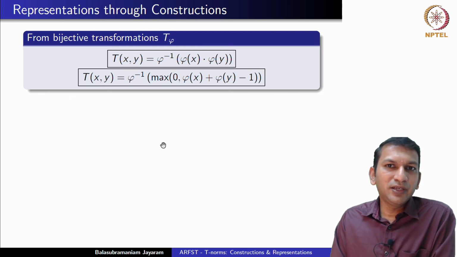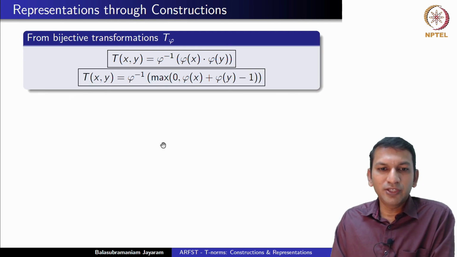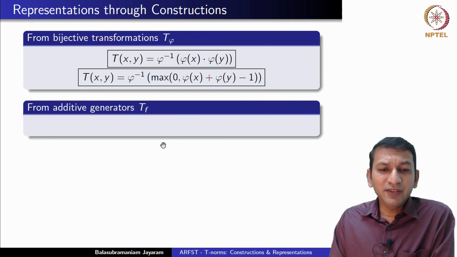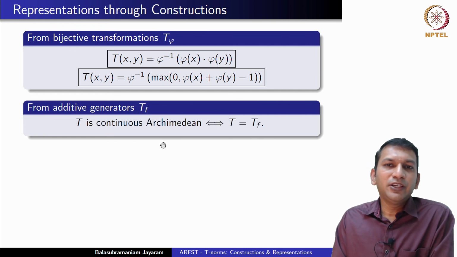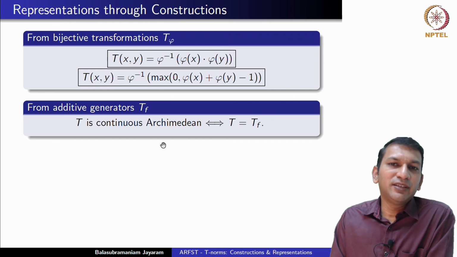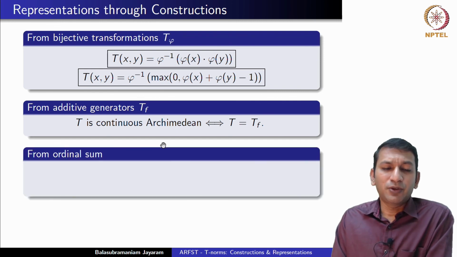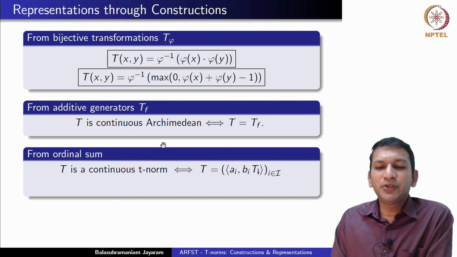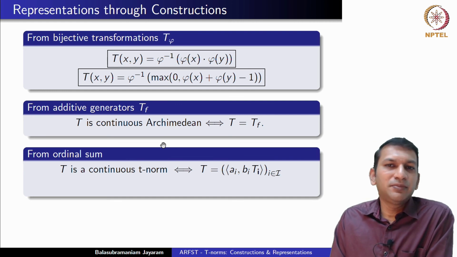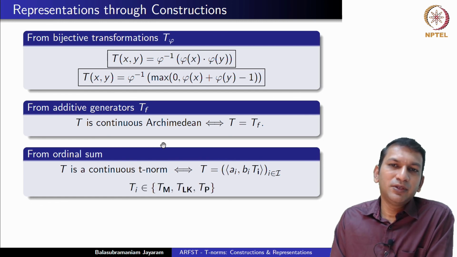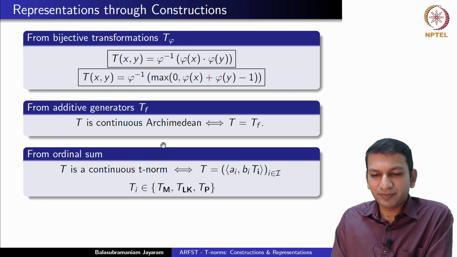Similarly, any nilpotent T-norm is a phi-conjugate of Lukasiewicz. From additive generators, we found that every continuous Archimedean T-norm is generated by a continuous additive generator. And from ordinal sum, we saw that any continuous T-norm is an ordinal sum of T-norms, each of which is either minimum, Lukasiewicz, or a product T-norm.